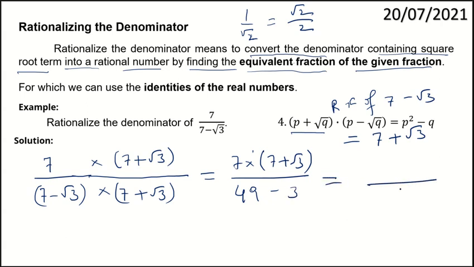So the denominator is 46 and the numerator is 7 into 7 plus root 3. So this is the equivalent fraction of the given 7 by 7 minus root 3, but with the denominator being rational.